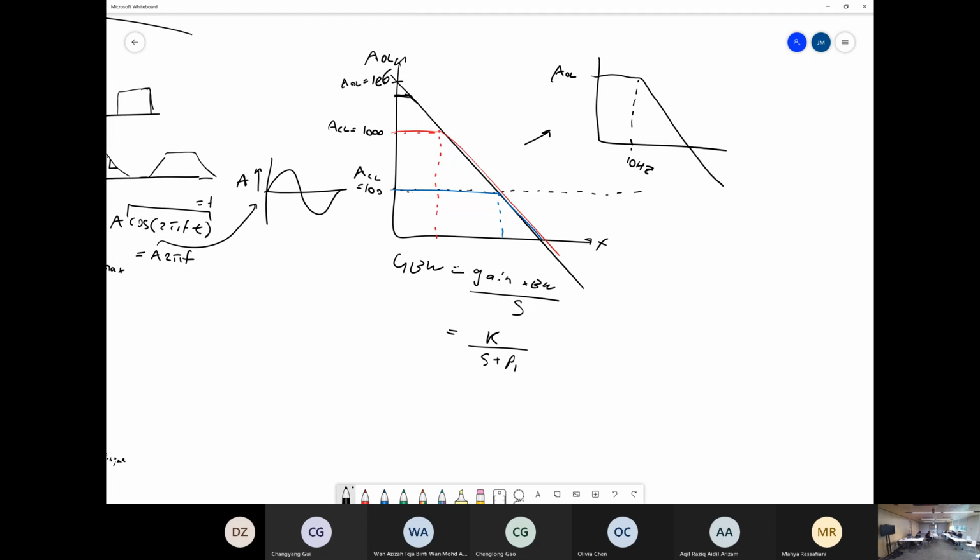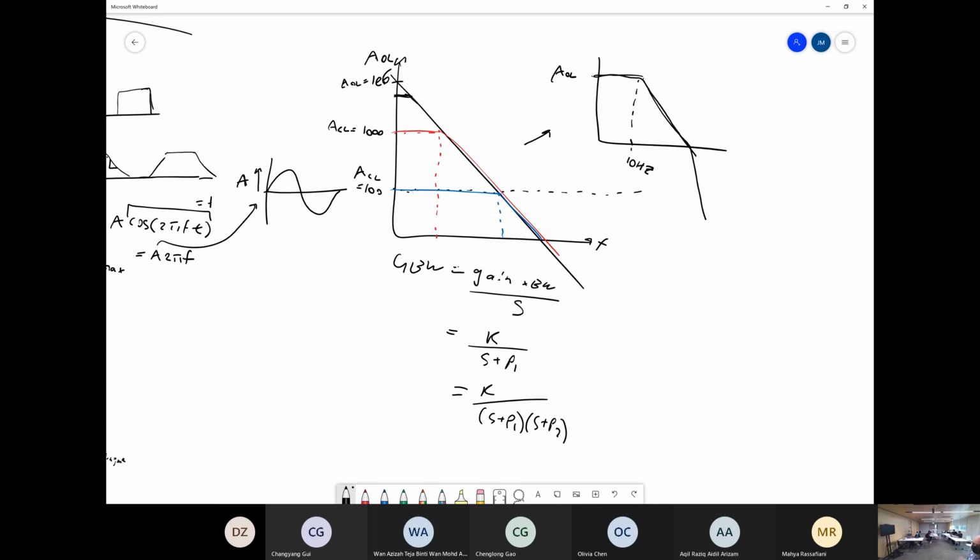Even more realistically, if you remember, this would actually be a second order system, right? So you'd have K on S plus P1, S plus P2, right? So you have a second order system. Now that's certainly a lot more detailed, but you can really just take a linear approximation.